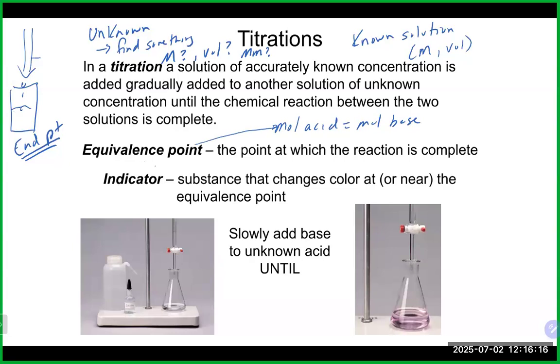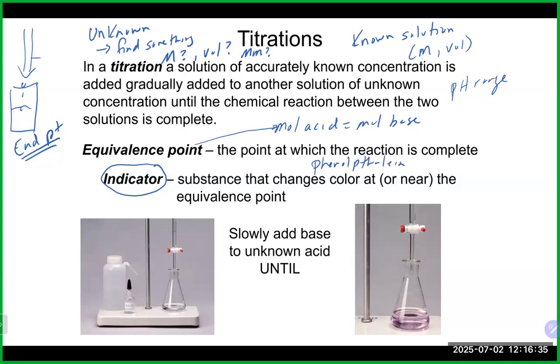How do we know when to stop our titration? We use something like an indicator. And as we talked about in the previous chapter, or we will talk about in this chapter, indicators work over a pH range. The most common one, probably the one you've used the most, is phenolphthalein.